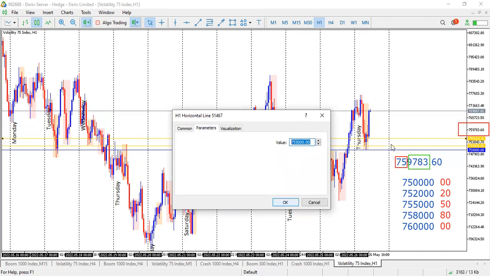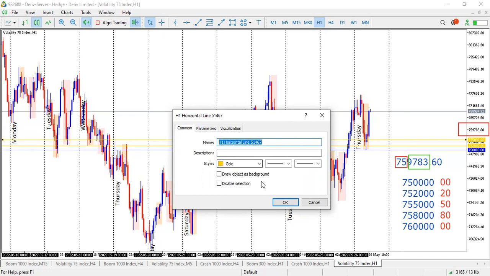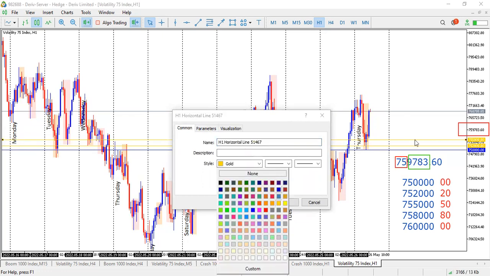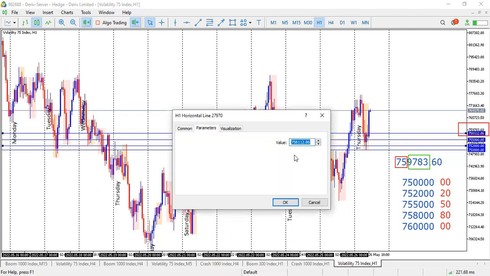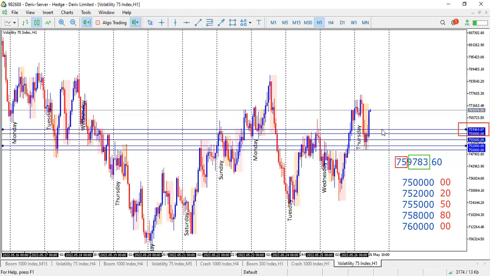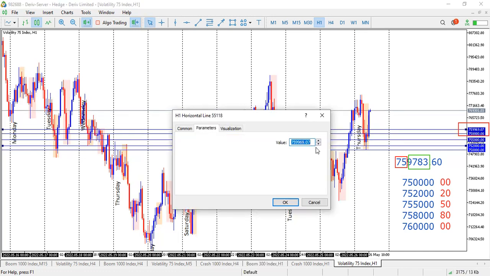That color is not sharp enough. Yes, sir. So we can see. Now we have our 7600 level. So that's how you do your levels of volatility. Use the first two numbers.